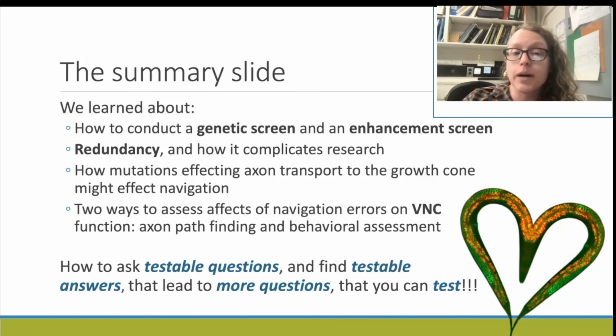And we talked about 2 different ways to assess the effects of navigation errors on the ventral nerve cord function. We talked about looking closely at axon pathfinding, and we talked about behavioral assessment. But mostly, we talked about how to ask testable questions and how to find testable answers that lead to more questions that you can test.